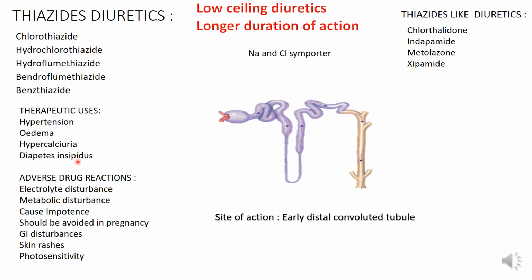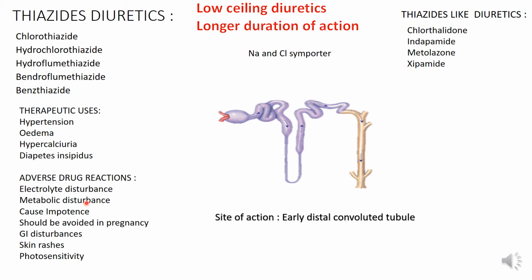Now, in electrolyte disturbance, we studied that it causes hyponatremia and hypokalemia, but it does not cause hypocalcemia. Hypocalcemia is caused by the loop diuretics. Hypocalcemia is when there is a low level of calcium in the blood. Rather, it causes hypercalcemia, because they reabsorb the calcium.